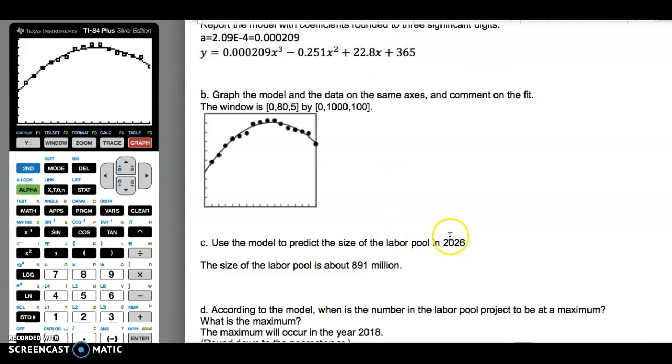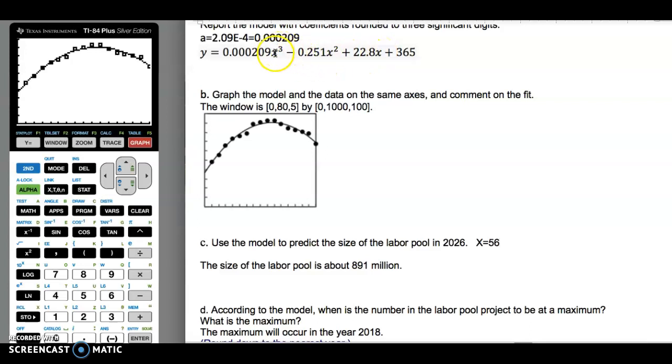Well, the x value that corresponds to the year 2026, what you're looking for is basically subtracting off 1970, because x represents the number of years after 1970. So 2026 minus 1970, your x value here is actually 56, right?